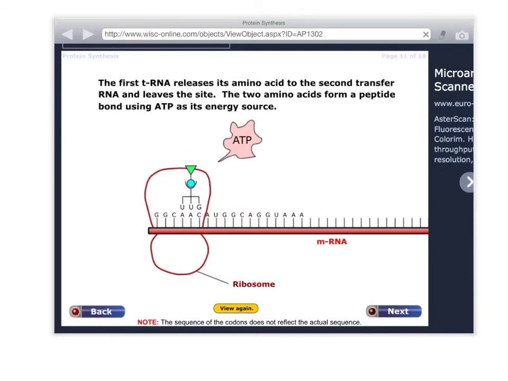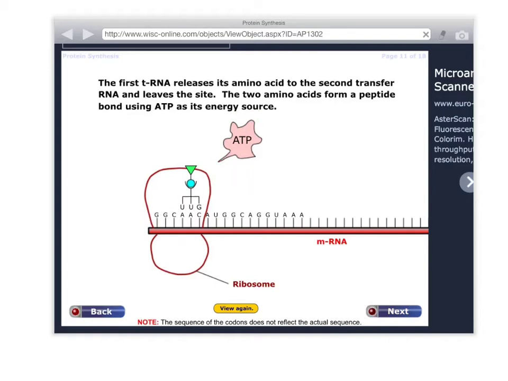Those amino acids start attaching to each other, and they start forming their protein. Now this ATP that you see here, you may remember from 7th grade when you did photosynthesis or cellular respiration. That's just an energy source. It's what energy is called when it's used up or made in a cell. So don't worry too much about that.